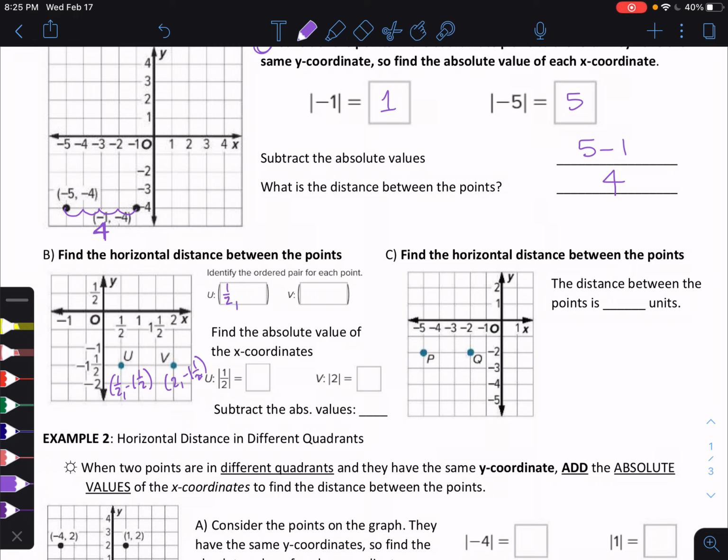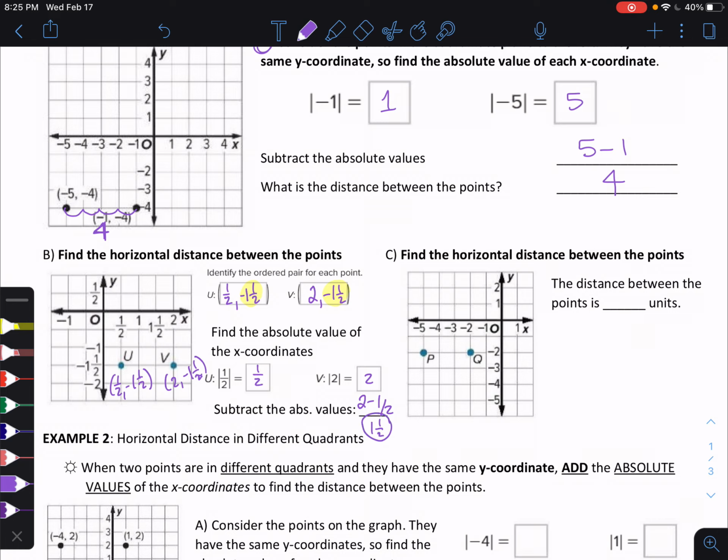So u is 1/2, comma, -1.5, and v is 2, comma, -1.5. And I can see here that my y coordinates are the same. That means that I can find the absolute value of the x values, so 1/2 and 2, and I can subtract them. So 2 minus 1/2 is going to be 1.5. So the distance here is going to be 1.5.